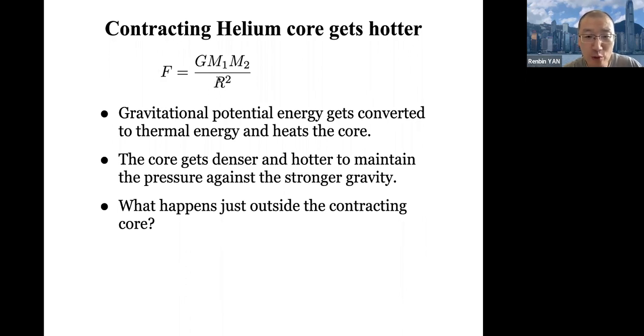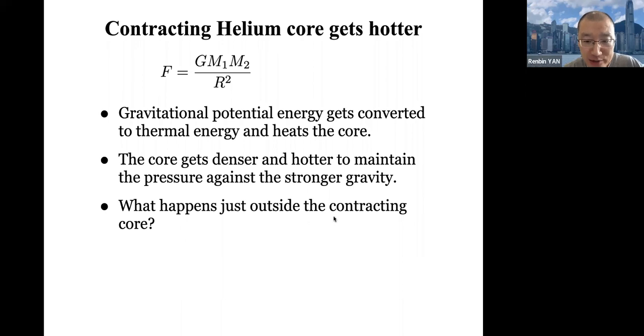As the radius of the core shrinks, the weight of the material from above actually gets higher because the gravitational force gets stronger. So it gets denser and hotter. It has to get denser and hotter in order to maintain the pressure against the stronger gravity.